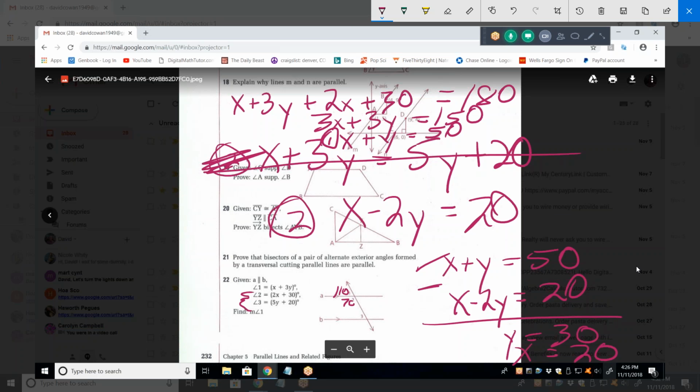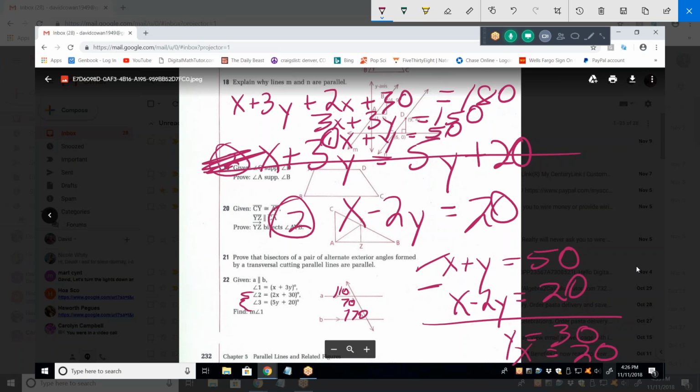Notice the drawing is not drawn to scale. That's okay. Normally we would have a note there saying not drawn to scale, but this works fine. And angle 3 is 5 times 30 plus 20. That's not right. 150 plus 20, that would make it 170.